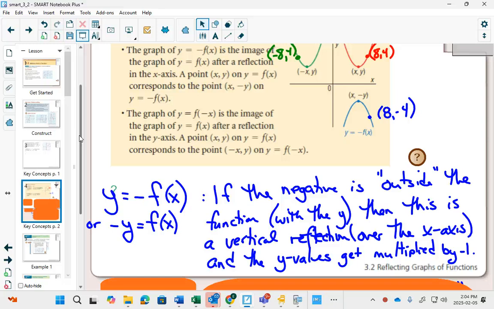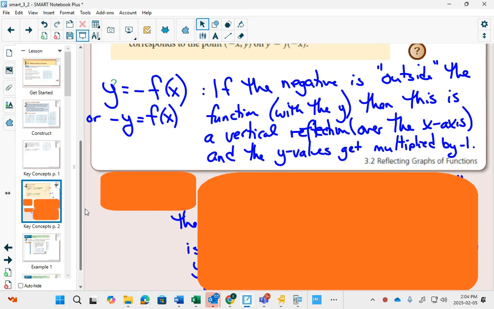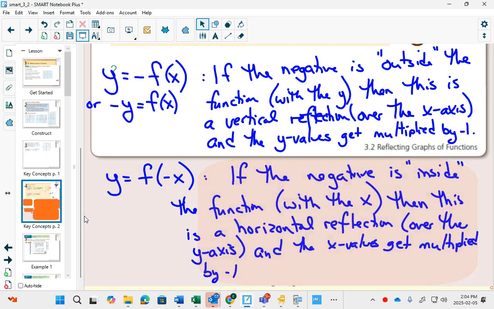And what happened when we went from the red graph to the blue graph? That multiplies the y values by a -1. Here, I'll scroll it up so you can see it better. And then you can also write down what happens when it is inside.